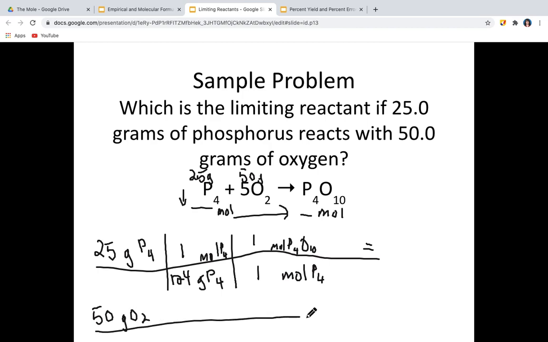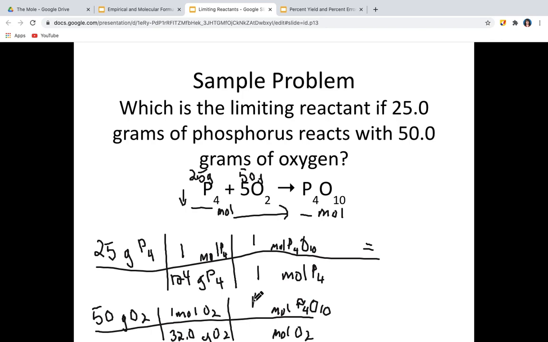As long as you do this first conversion factor right, your second one should be pretty easy to fill in, because you're going to essentially replace one reactant with the other reactant. So I'll put grams of O2 on the bottom here, and the molar mass of that is 32.0.